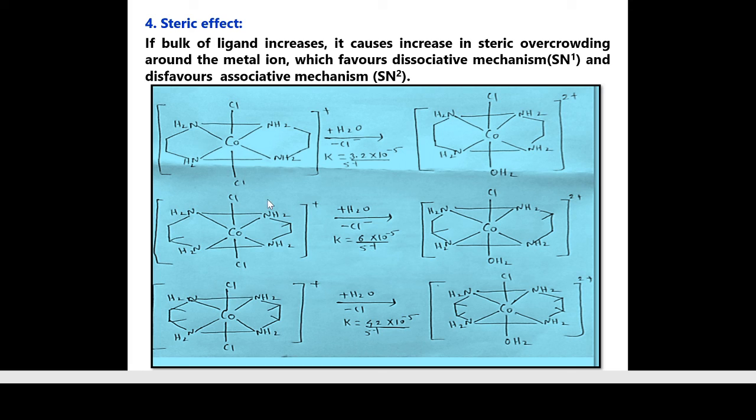See, in this example, there are two CH3 groups attached, so its rate is higher as compared to the first one, and here there are four CH3 groups attached, so its rate is higher than both.